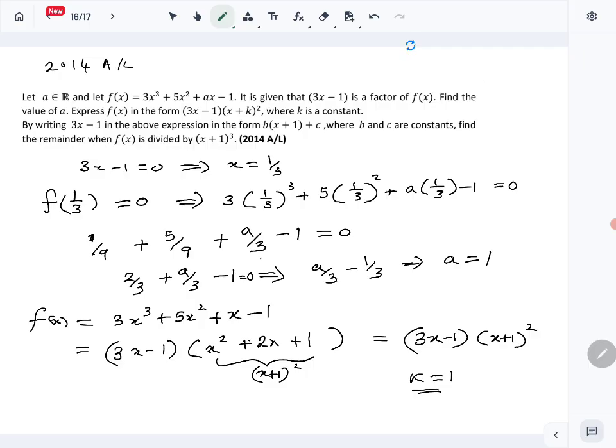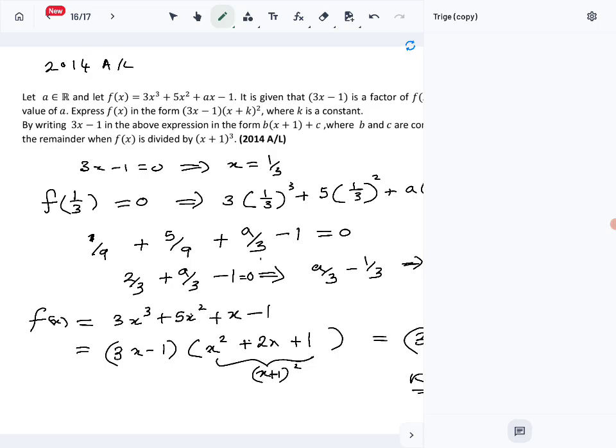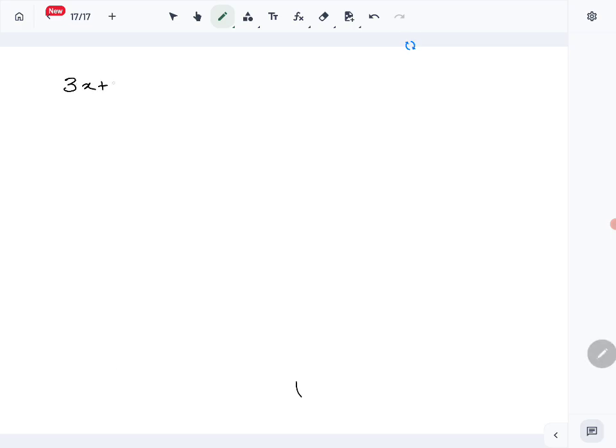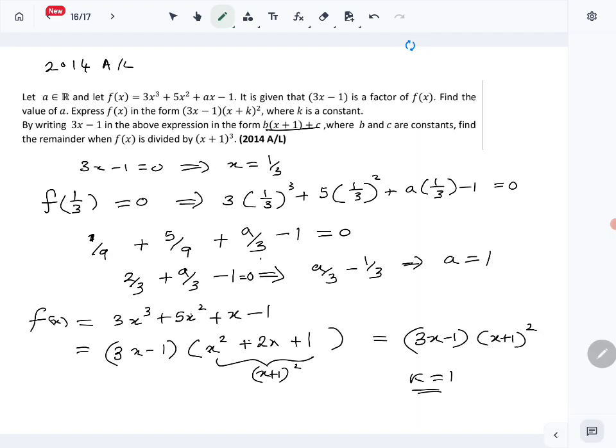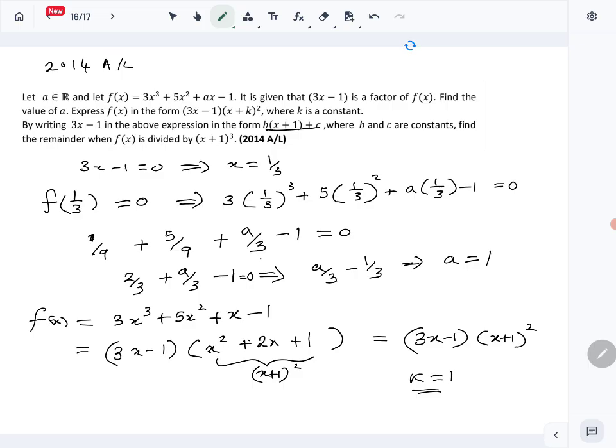So after that, by writing 3x minus 1 in the above expression in that form, you need to write 3x minus 1 as b times (x plus 1) plus c.